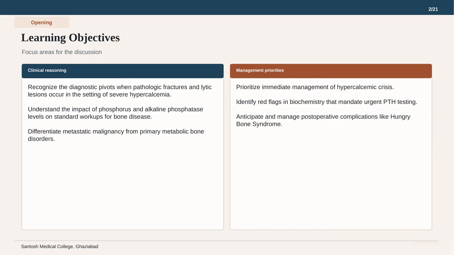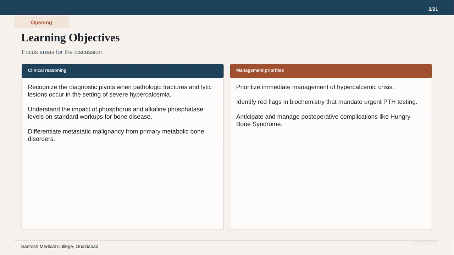We will also examine how phosphorus and alkaline phosphatase levels can fundamentally change our interpretation of a standard bone disease workup. On the right, the management priorities emphasize the urgency of treating a hypercalcemic crisis and identifying the biochemical red flags that mandate urgent parathyroid hormone testing.